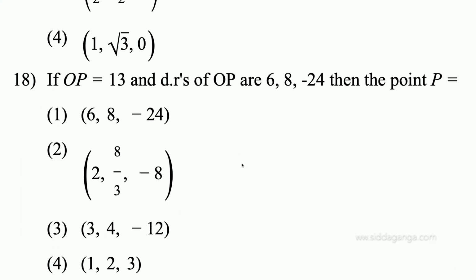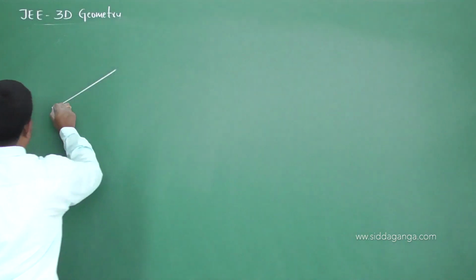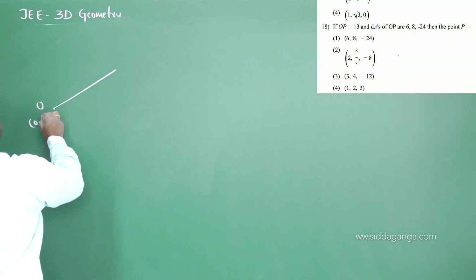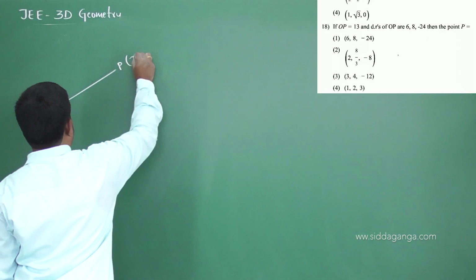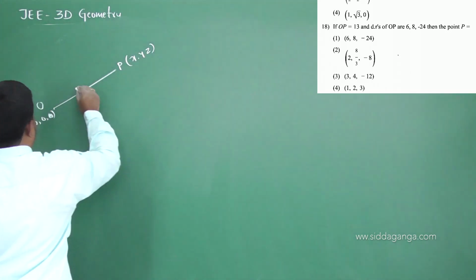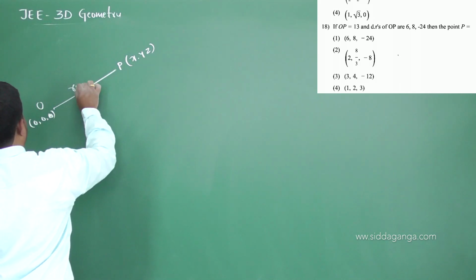Okay, let me move to the 18th one. The distance between O and P is given as 13 units and the direction ratios of the line OP are 6, 8, minus 24. Then what is point P? Okay. So here we have O with coordinates 0, 0, 0 and P, we do not know, with coordinates x, y, z, and the length is given, that is what?